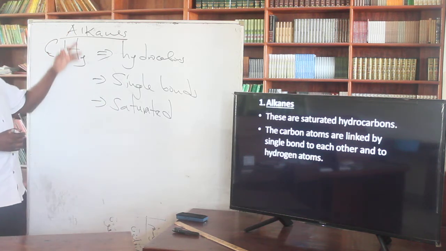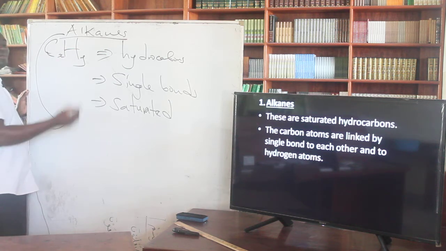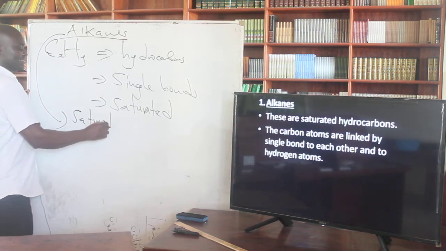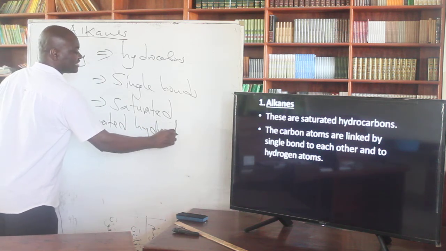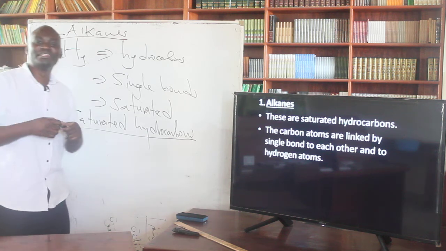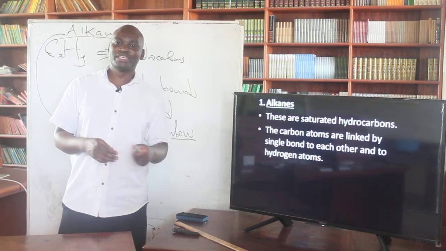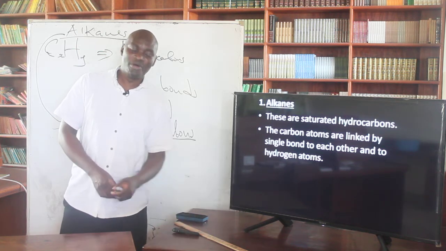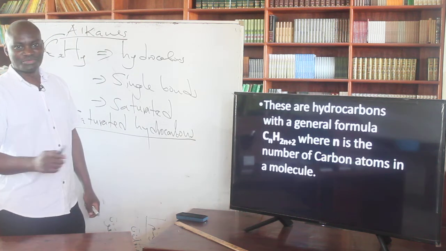So alkanes are simply defined as saturated hydrocarbons. That is the simple definition that we normally give alkanes. So they have carbon-carbon single bond, and they are made up of carbon and hydrogen only.